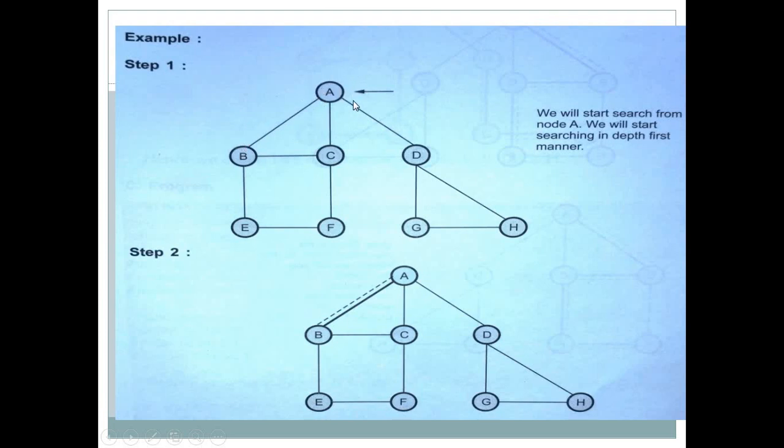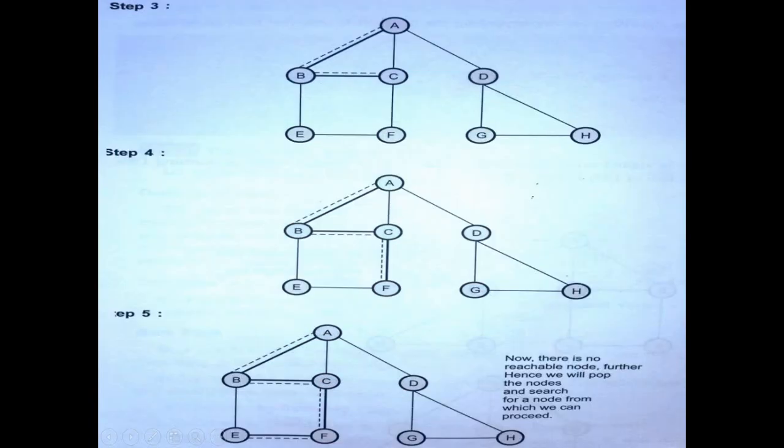From A, the adjacent vertices are B, C and D. From these adjacent vertices, we have to select only one. So here we will select A and after that B. Here we have to explore B again.